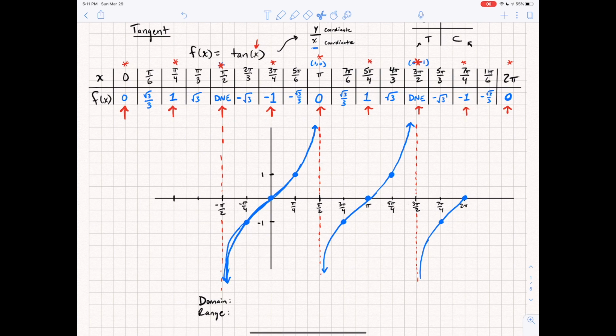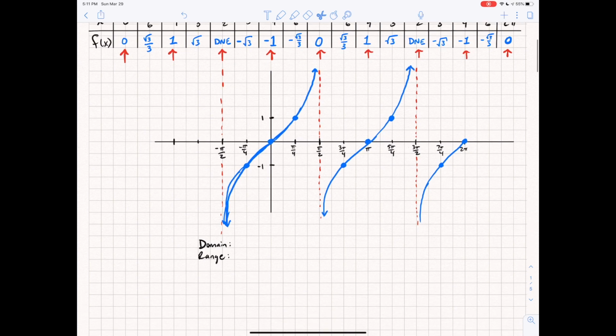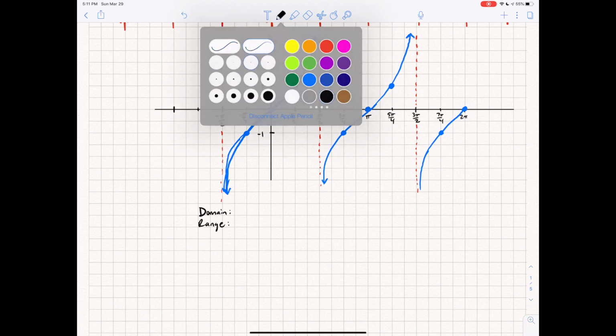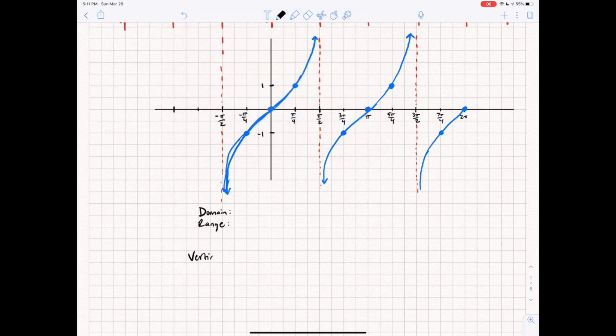Essentially, we can then come up with a generic expression for it. I know I'm going to now have vertical asymptotes for tangent at x is equal to pi over 2 plus k repetitions of pi, where k is an integer.